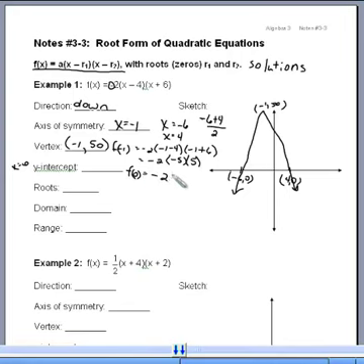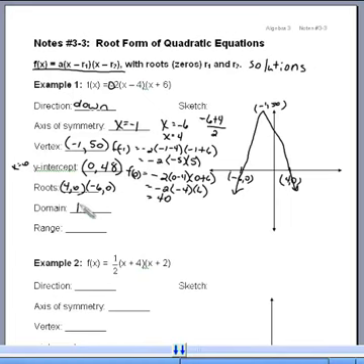That's -2 times (0 minus 4) times (0 plus 6), or -2 times -4 times +6, or +8 times 6, which is 48. So the y-intercept is at (0, 48). The roots, again, we can read right from the equation. They are x equals 4 and -6, so our roots are at (4, 0) and (-6, 0).